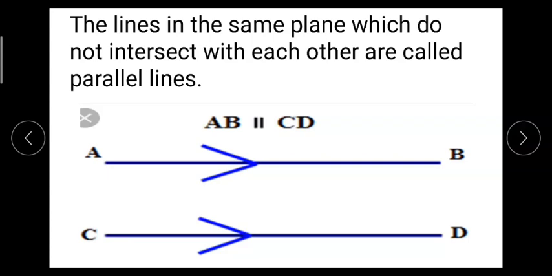So the first point you have to write is parallel lines. See here, the lines in the same plane which do not intersect with each other are called parallel lines. This one you have to write and you have to draw the figure which is there in your textbook, page number 7, first figure.